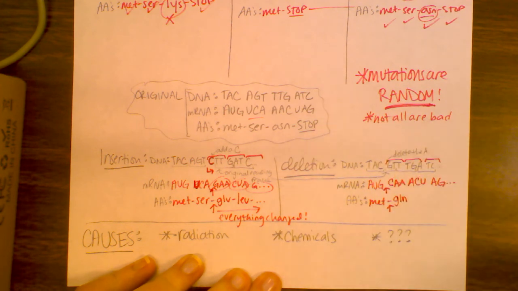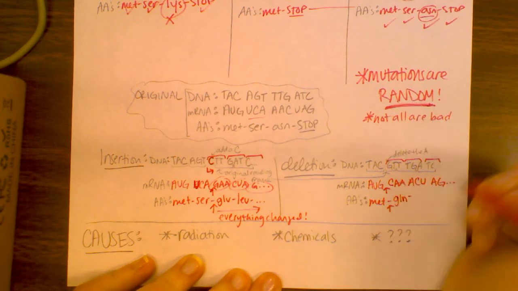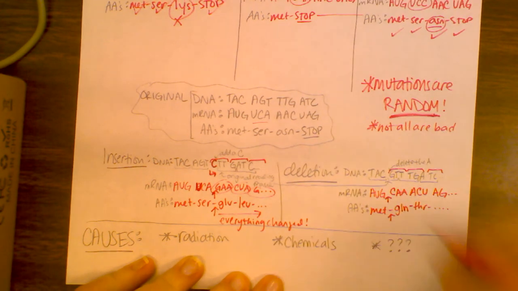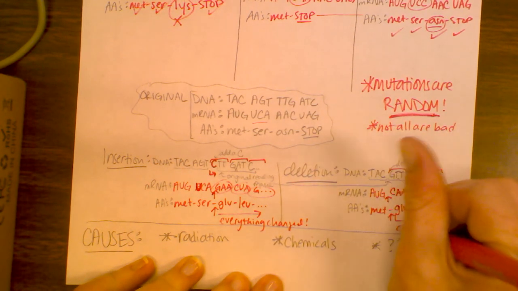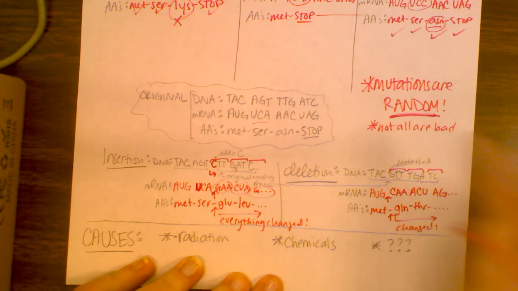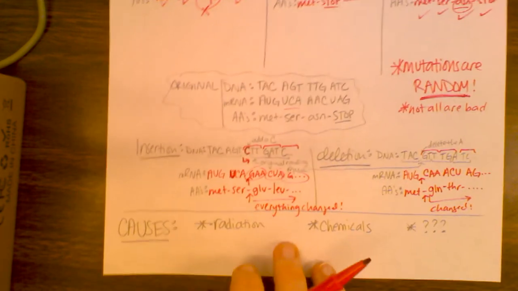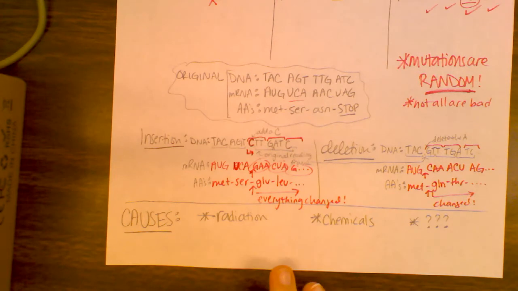So that's GLN. ACU gives you threonine, and then AG is kind of whatever. So everything after here changes. Everything after where the mutation happened would get changed because it shifts everything over.